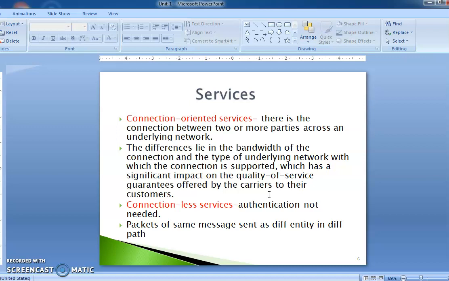The differences lie in the bandwidth the network is going to provide and the type of underlying network with which the connection is supported. This has a significant impact on the quality of service offered by the carriers to their customers. In connectionless services, authentication is not needed. Packets of the same message are treated as different entities and are sent along different paths.